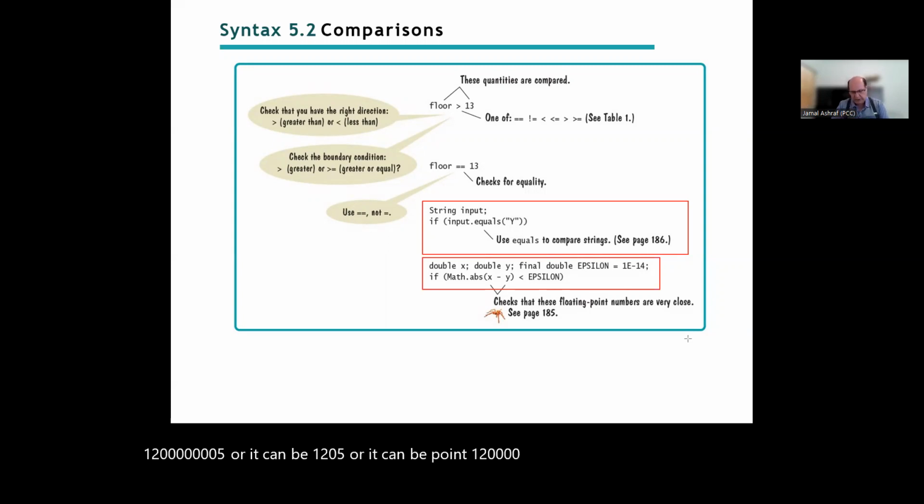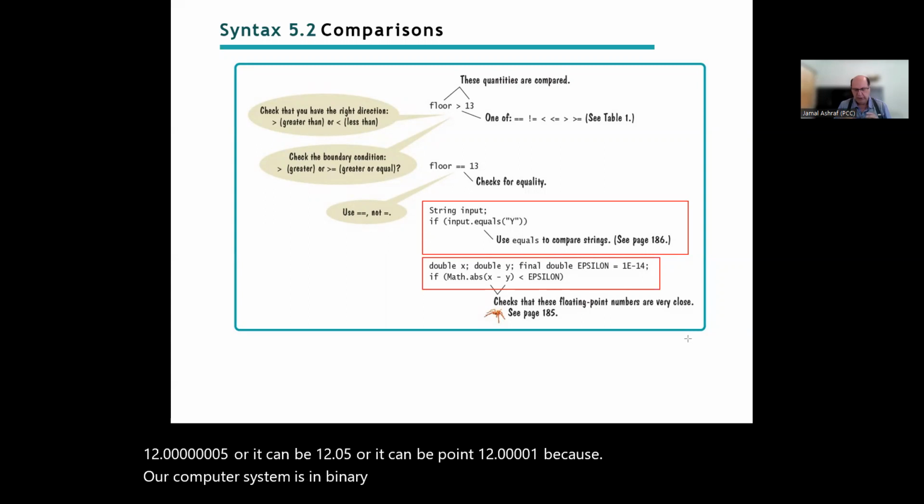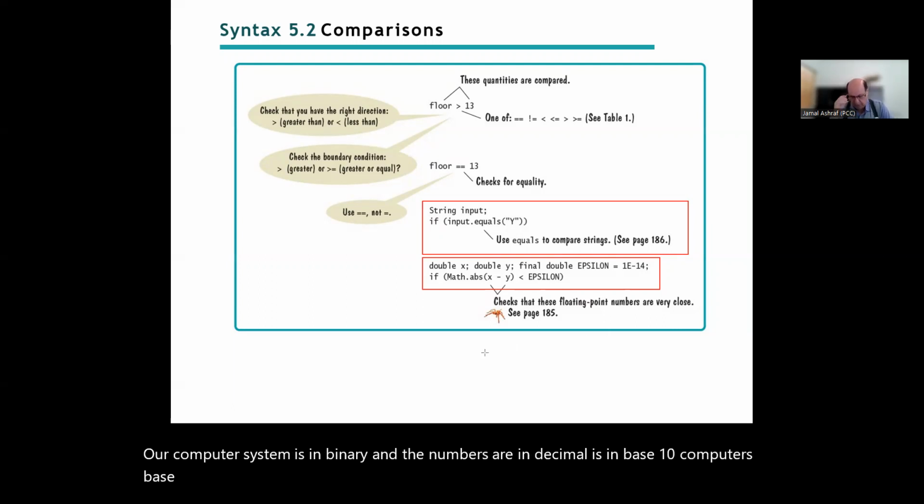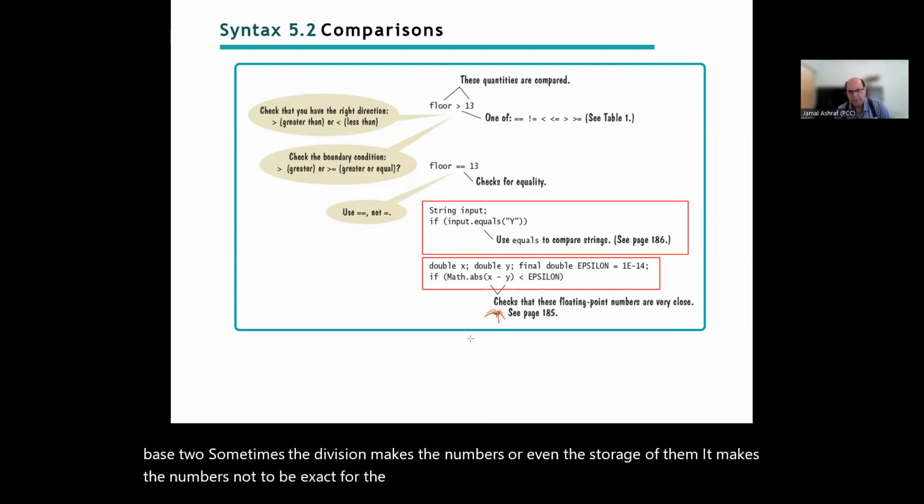Because our computer system is in binary and numbers are in decimal, which is base 10, while the computer is base 2, sometimes the division, or even the storage of them, makes the numbers not exact for the decimal precision points.